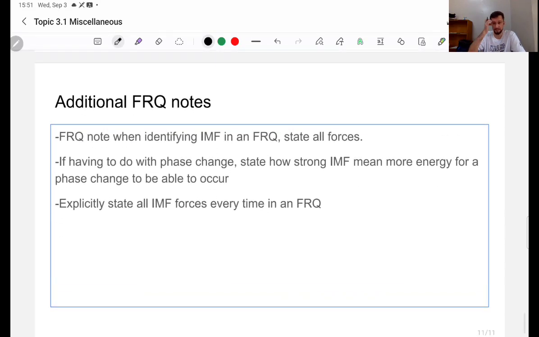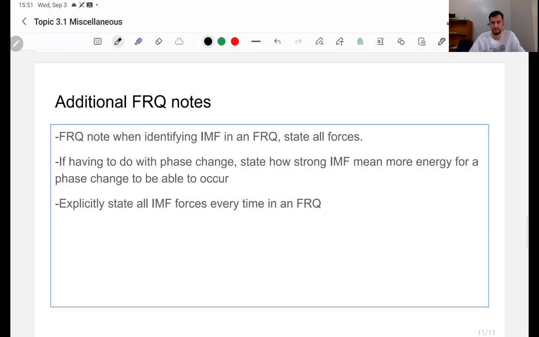Okay, I'm going to end with some additional notes about how to handle FRQs that are looking at 3.1. So note that when identifying intermolecular forces in an FRQ, again, state all of them. I already said that, but if it's water, don't just say hydrogen bonding, state all the ones that water's engaging in. If having to do with phase change, state how stronger intermolecular forces mean more energy is required for phase change to occur.